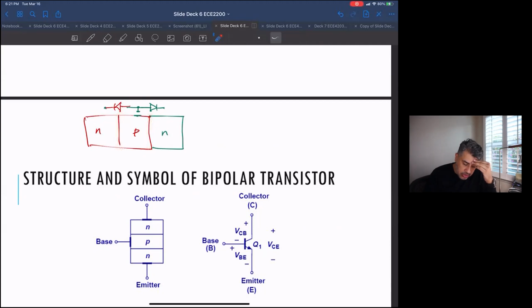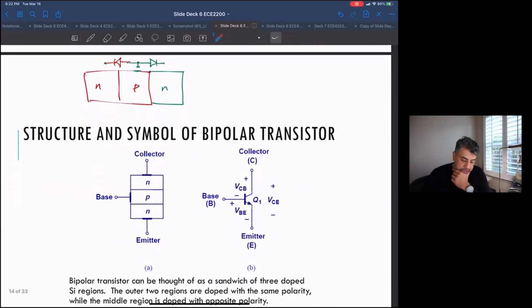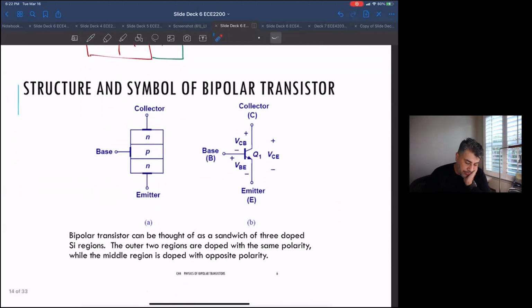So it's not just two back-to-back diodes. I just drew it there to have you guys sort of see the relationship with the diode. But in fact, this junction and this junction are intimately related, and you'll see how. And that's the way the transistor works. It's the magic of how the transistor works.